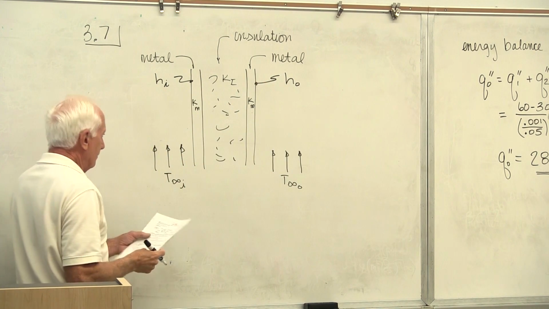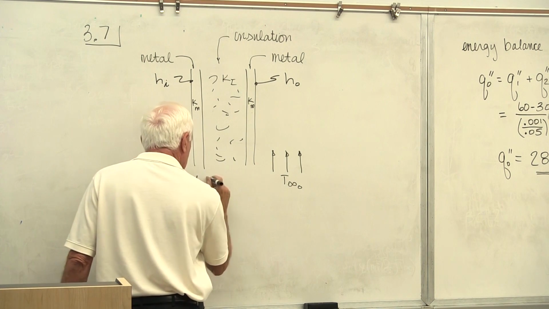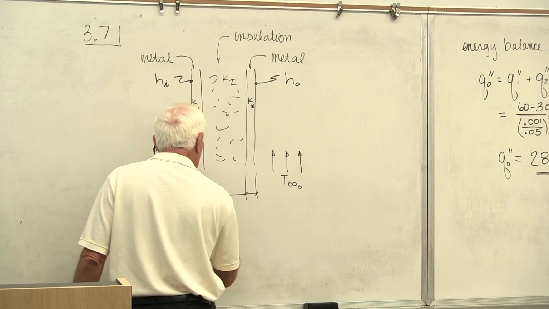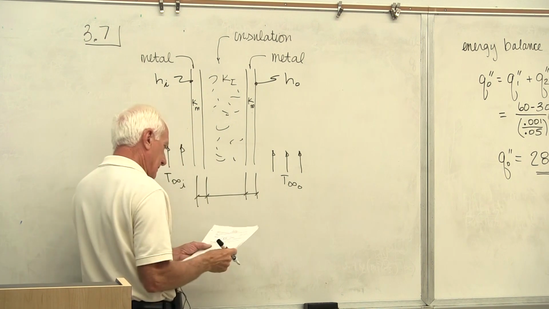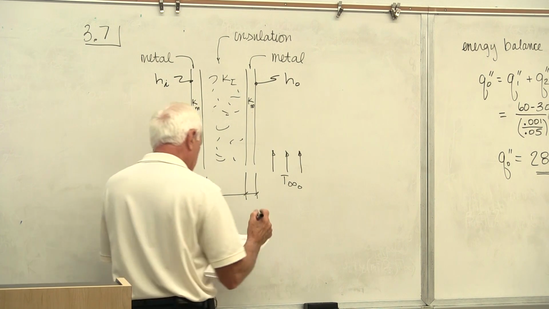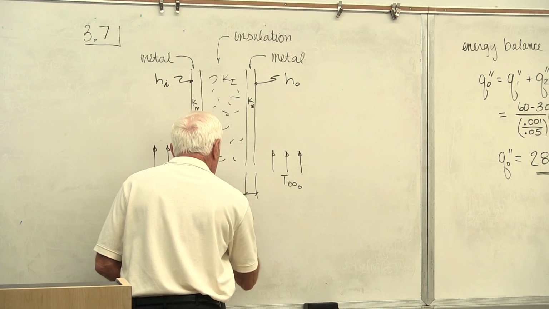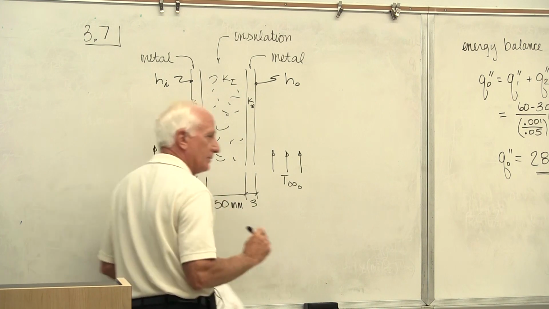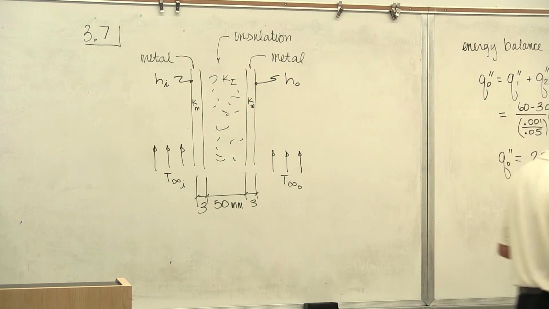Let's see what else. Oh, we know the distances. As far as the thicknesses of each of these three, the thickness of the insulation, 50 millimeters, and the metal skin on the inside and outside, 3 millimeters.